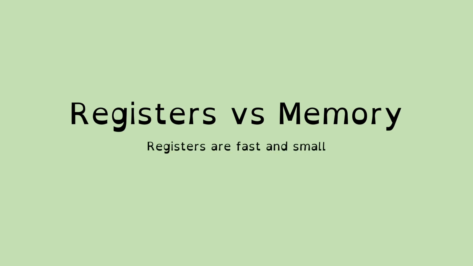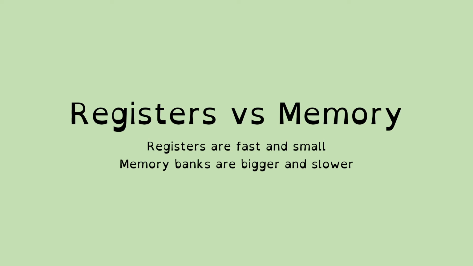Registers are small and fast, and physically they're usually very, very close to the other components on the CPU. This increases their speed and their use, but the compromise is that they need to be small because they obviously actually take up space. Memory banks are bigger and slower, though slower is a relative term because memory is in fact still incredibly fast. It's just not as fast as the registers.